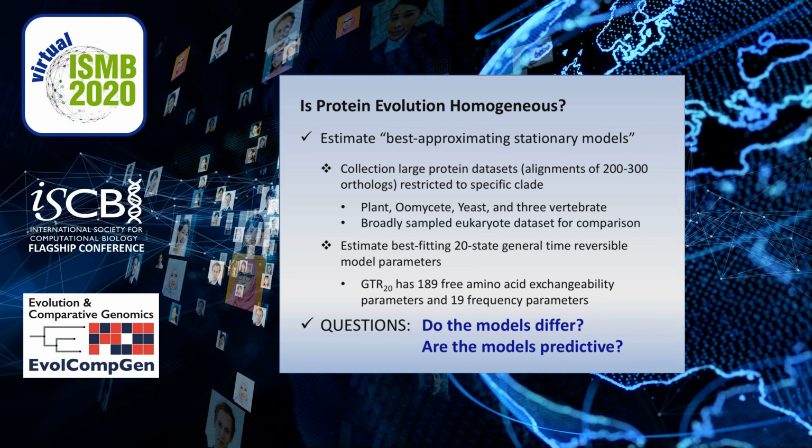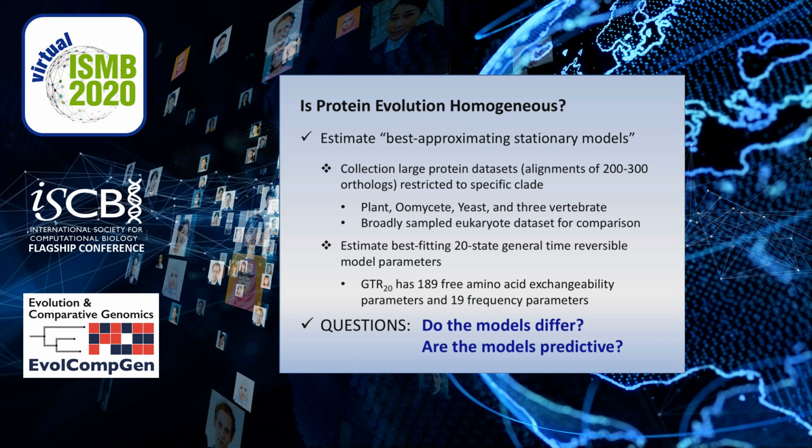And we'll use a relatively straightforward method. We'll start with estimating clade-specific models. So we'll take large training data sets of arbitrarily chosen proteins, in this case from 6 eukaryotic clades, 3 vertebrate clades, as well as plants, oomycetes, and yeast.